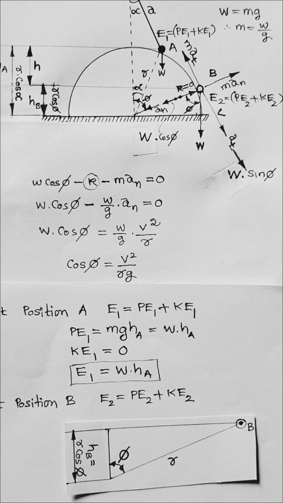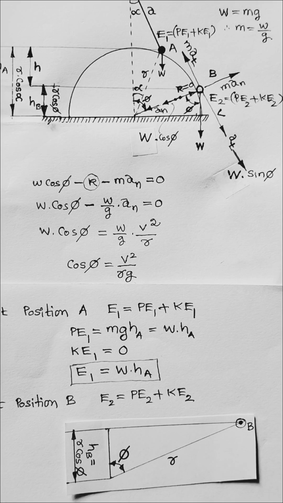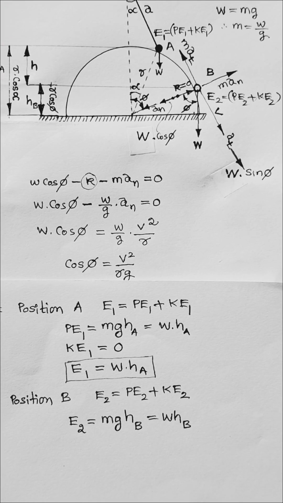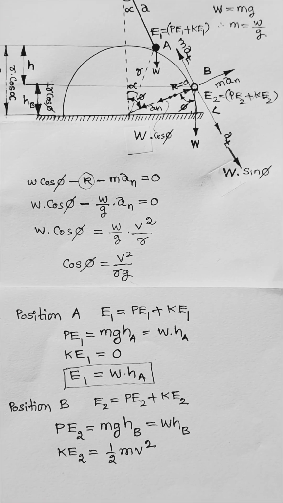By using this HB, we have to estimate potential energy 2. It is exactly equal to mgHB, where mg indicates the weight of the particle. At position B, the kinetic energy possessed by the moving particle of weight W is half mv square, where m indicates the mass of the moving particle.